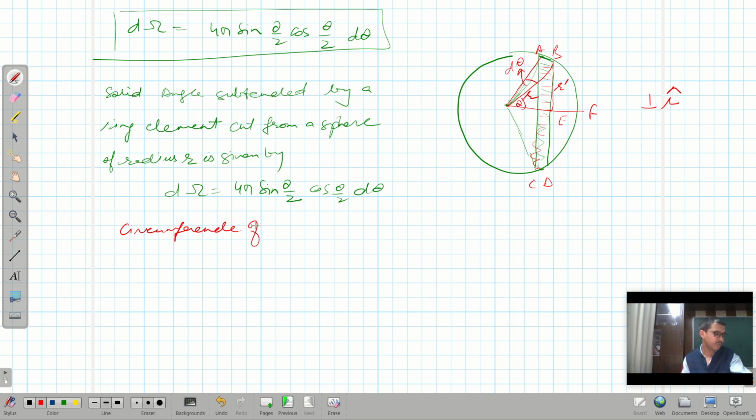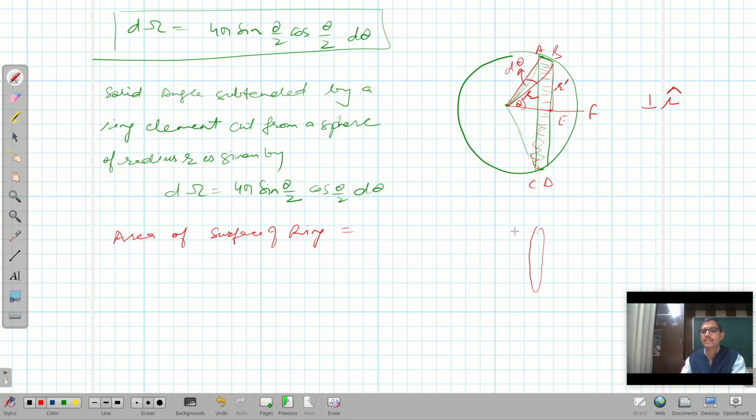I am interested to find out the area of the surface of the ring.